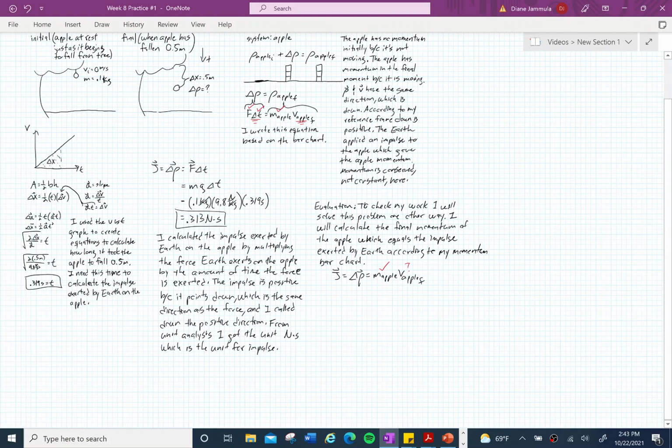So let me think how I want to do that. I made this velocity time graph. And I know the initial velocity of the apple. I know the acceleration of the apple. I found the time. You know what? Maybe I'll use the slope equation to do this. I think that I'll do that.